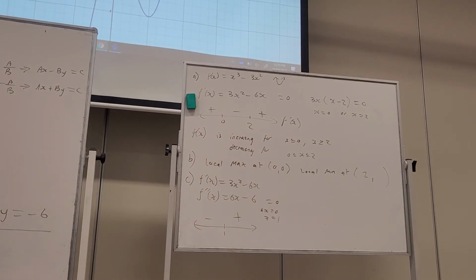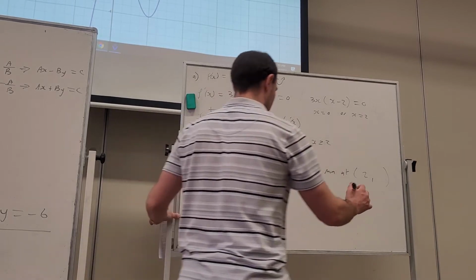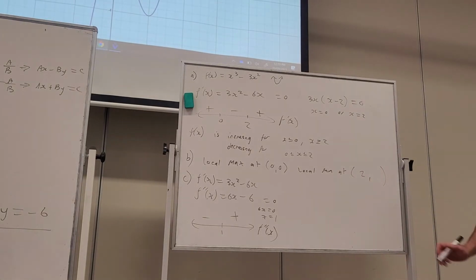Okay, so then this is the sine diagram of the second derivative. And so we have concave down when the second derivative is negative, and concave up when the second derivative is positive.